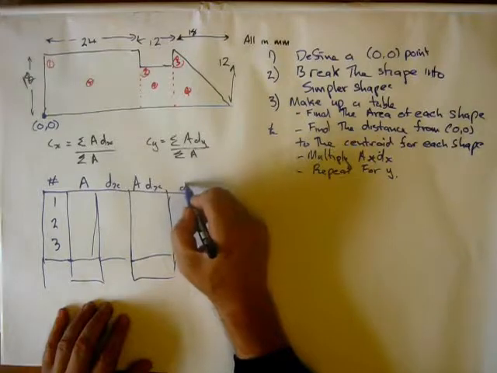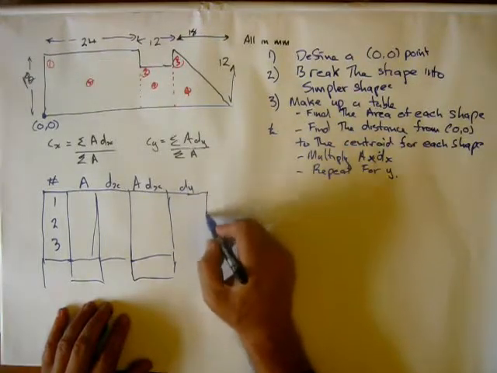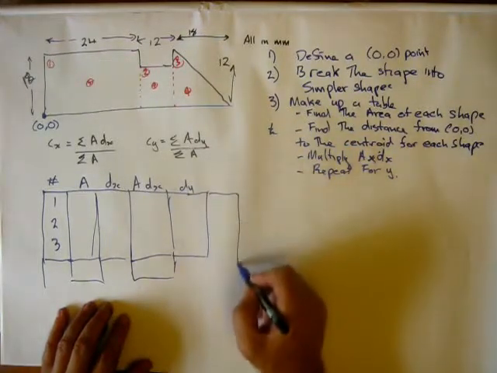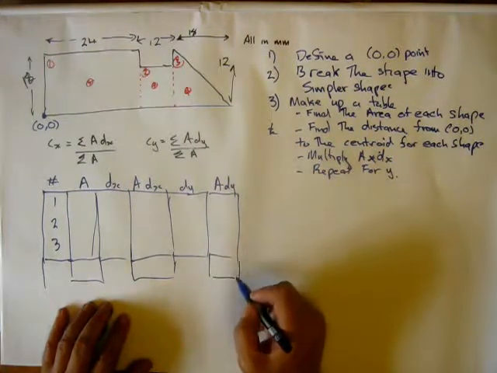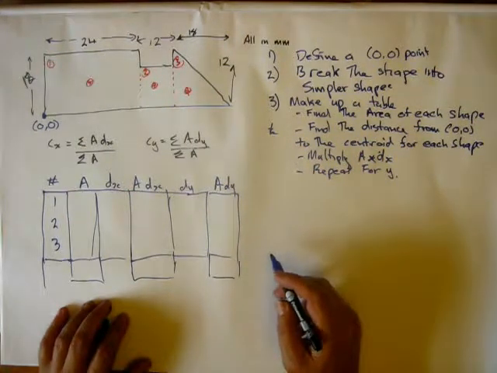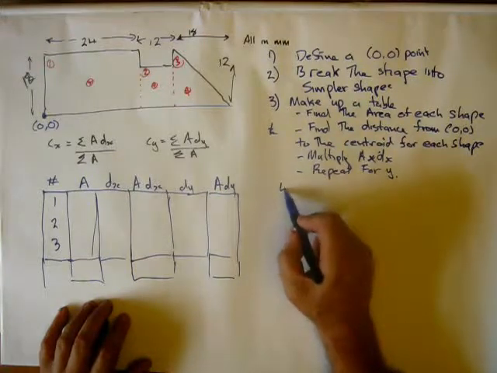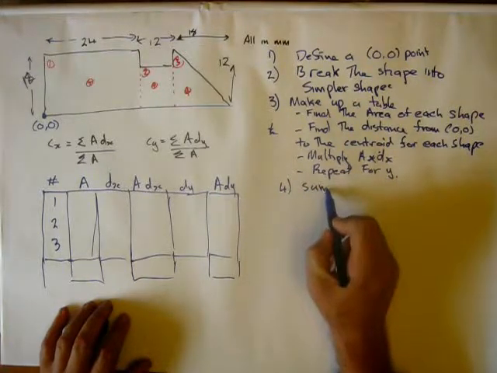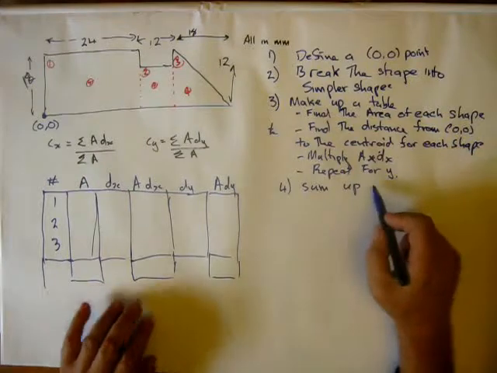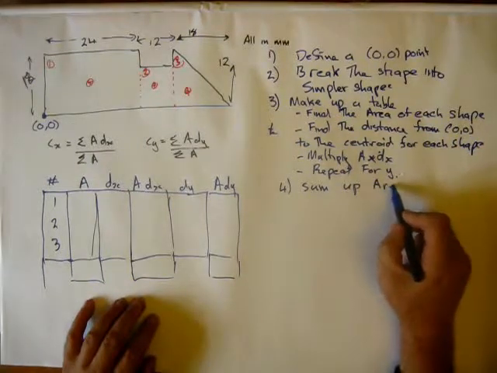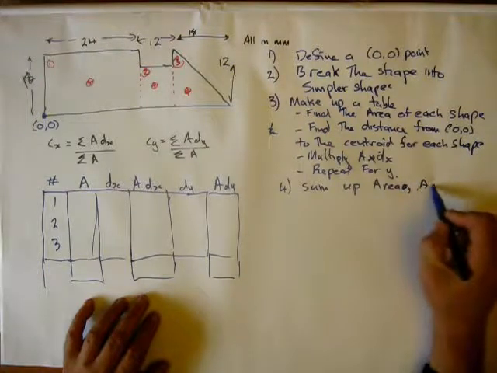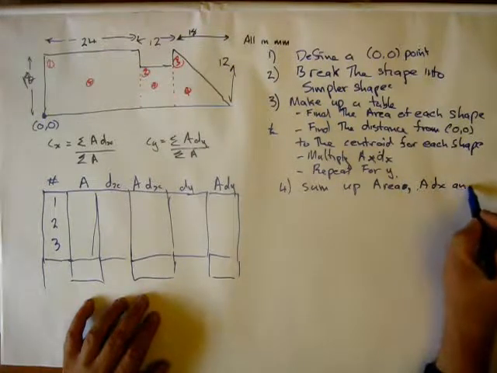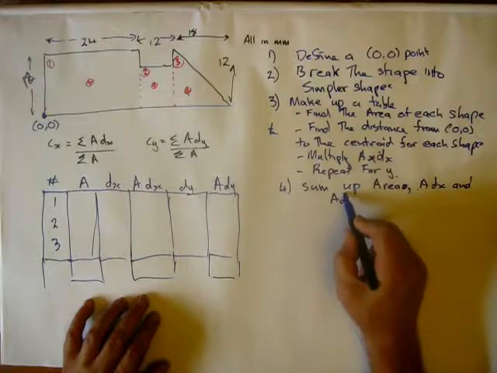So we've got dy, and we do A dy like that. Then sum up area, A dx and A dy.